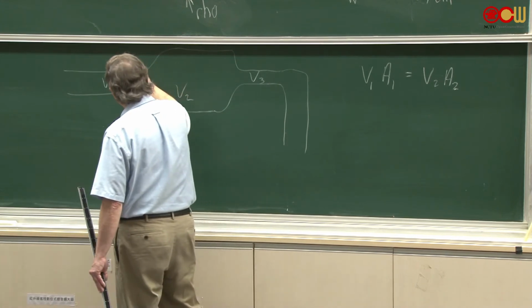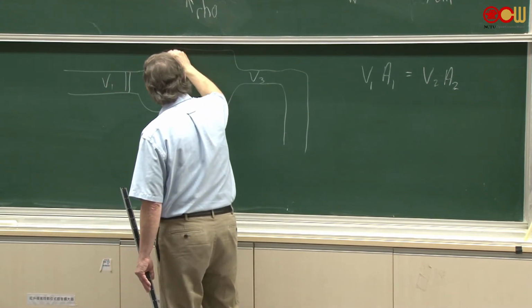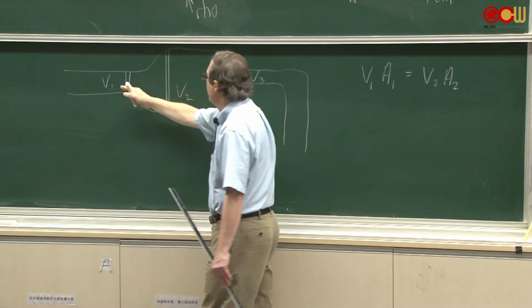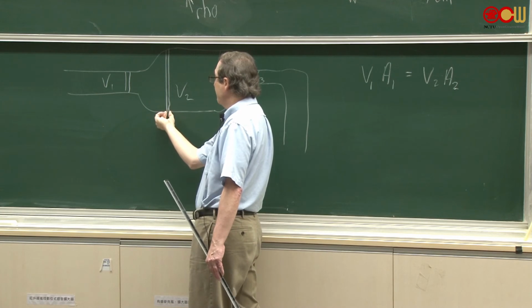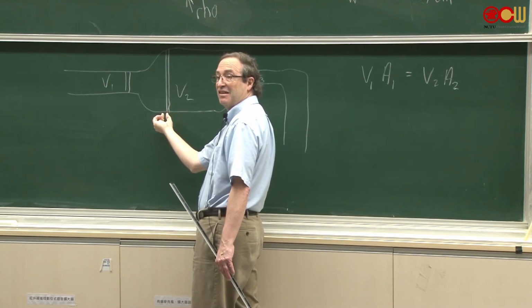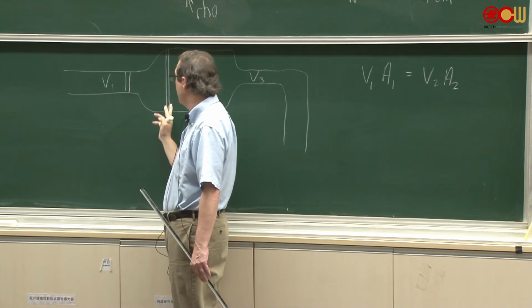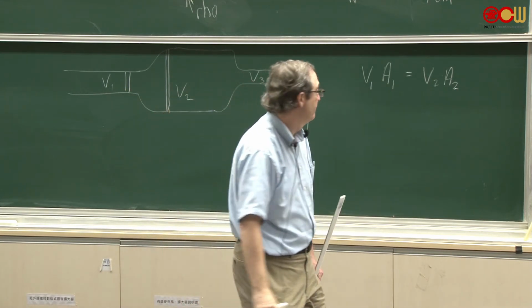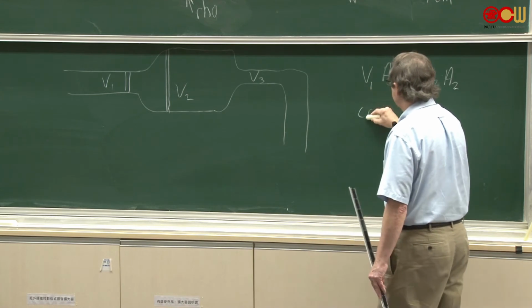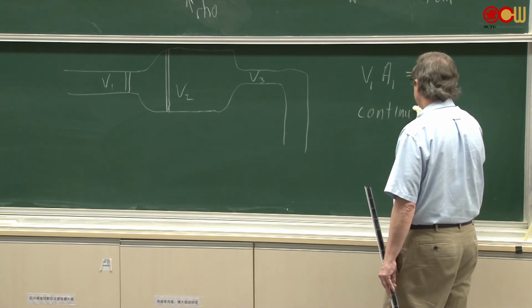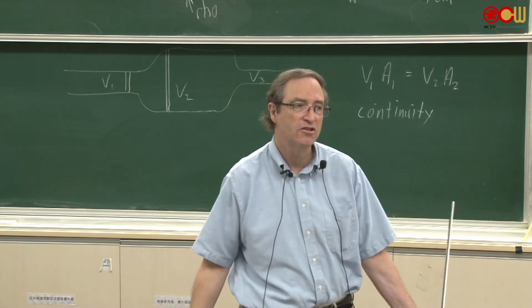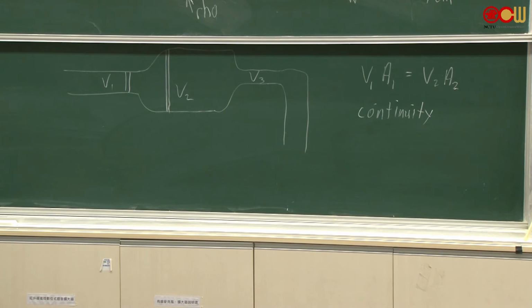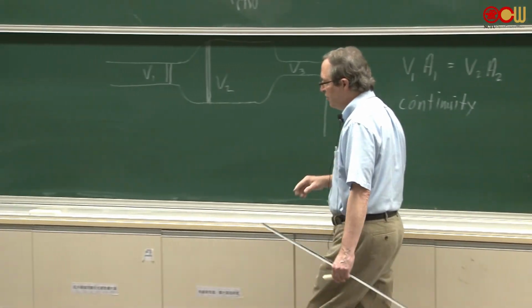So if I take a little piece of fluid over here, when it gets over here, this amount here must be the same here. The only way for that to be is if this guy is thinner. So that means the same fluid here is going slower. Right? And this is called continuity. So as long as the fluid is incompressible, which is what water to a good degree is, that's going to be the case. So that's continuity.